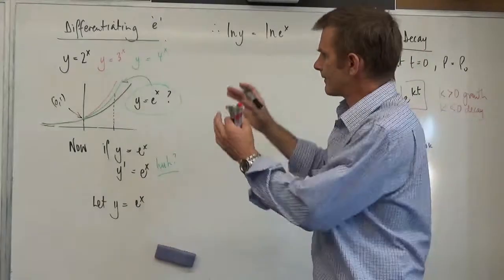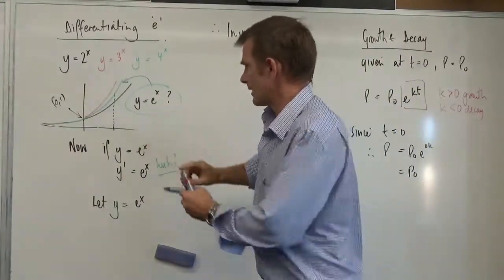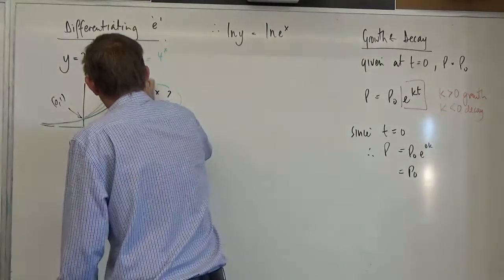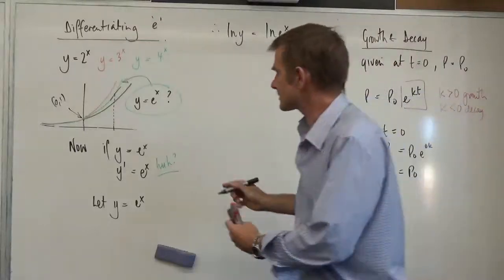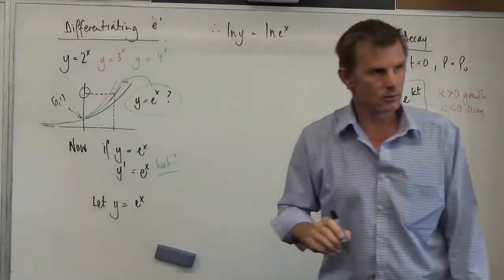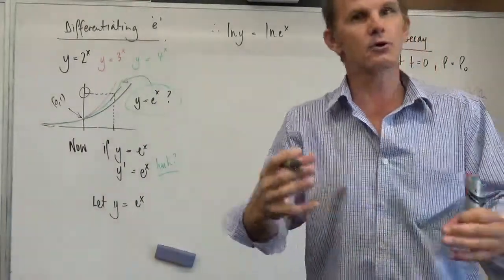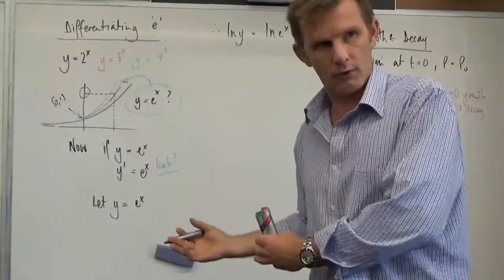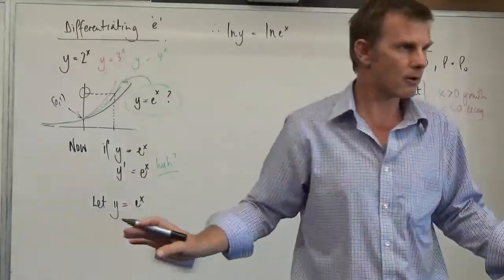If I was to work out the gradient at that point for e to the x, so it would be a line kind of there, the gradient of e to the x is equal to the y value for e to the x. So the value of the graph is equal to the gradient of the graph at that particular x value. And that doesn't happen for any other graph.